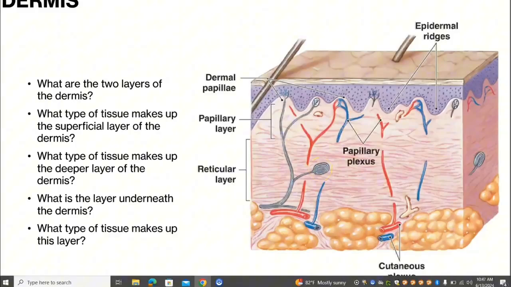So know that the tactile corpuscles that are more superficial are responsible for detecting light touch, whereas the Pacinian corpuscles are responsible for detecting vibrations in the skin. So make sure you know the difference between those two.